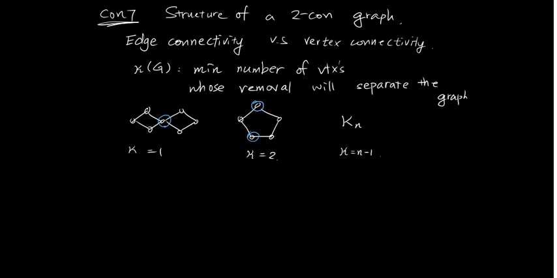Okay, and there is another parameter called lambda, and lambda is called the edge connectivity. Kappa is called the vertex connectivity.